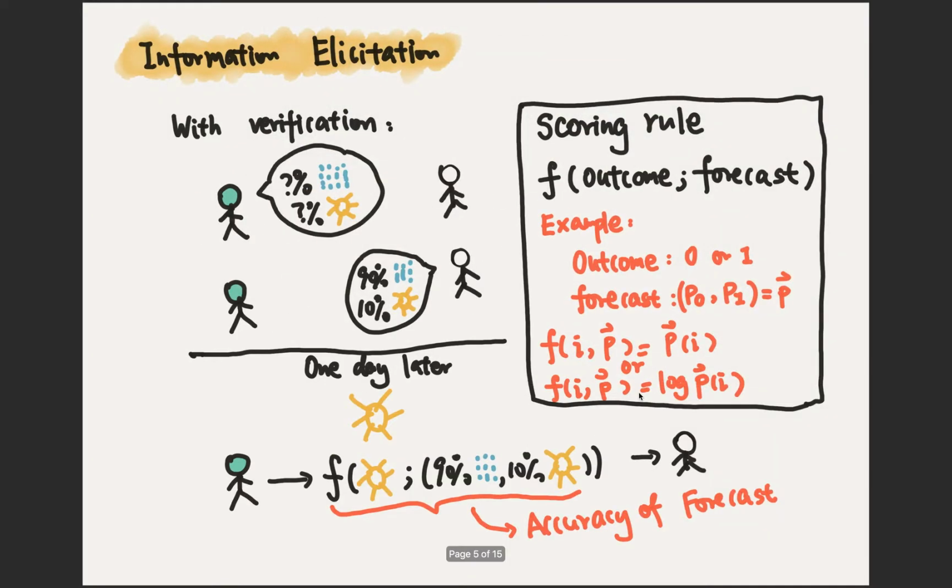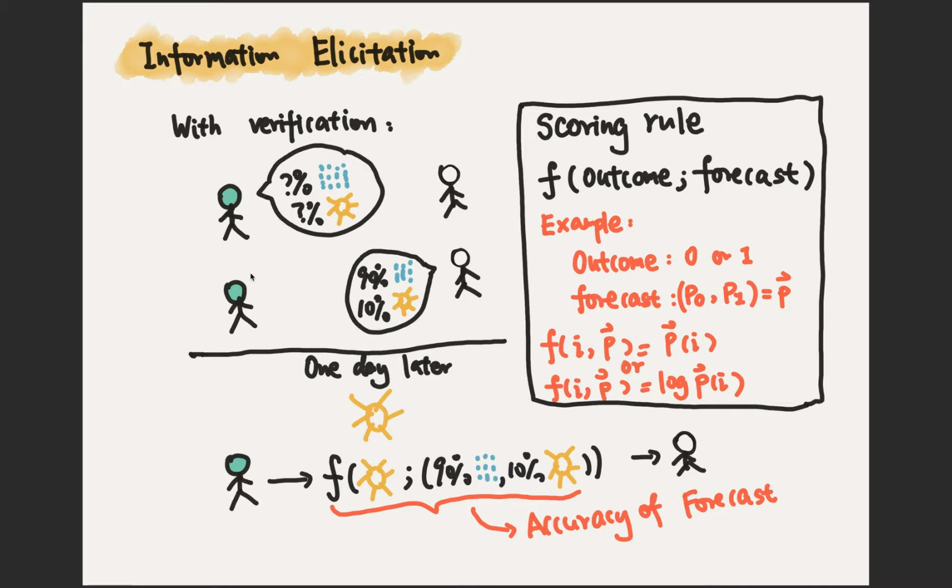Okay, so after we talk about some basics of information theory, let's start to introduce the area called information elicitation. There is a requester, and she wants to elicit tomorrow's weather. She asks a person, what's the weather tomorrow, what's your forecast? And this person will give his forecast, like, I think with 90% probability it will rain tomorrow.